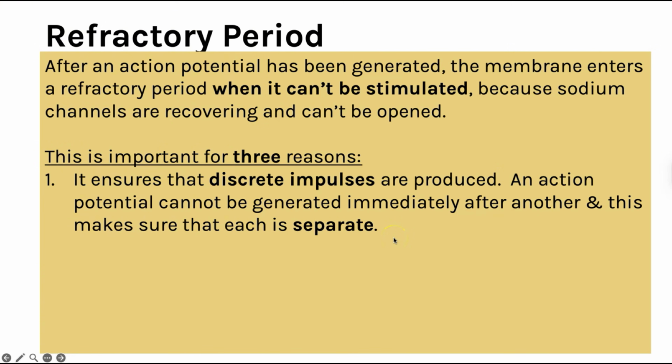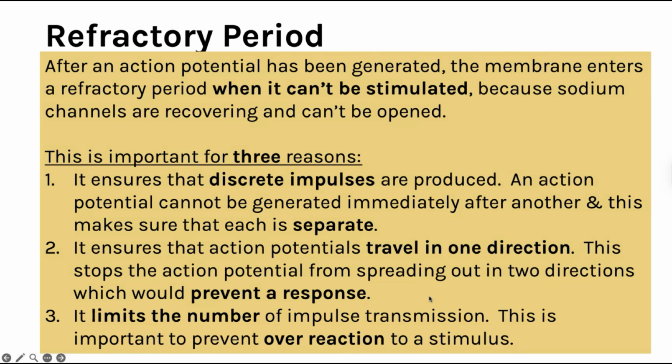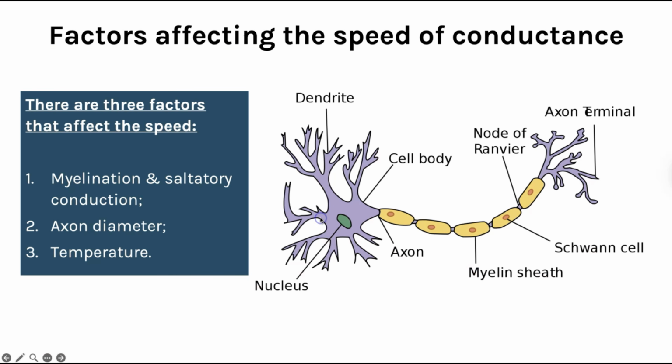An action potential cannot be generated immediately afterwards, so it has to be separate, and that makes it easier to process the stimulus. It also ensures that the action potential only travels forwards because it can't go backwards because those sodium ion channels are recovering. So it moves forwards, constantly moving its way around the reflex arc or the nervous pathway. And also it limits the number of impulses, and this is important to prevent overreaction to a stimulus.